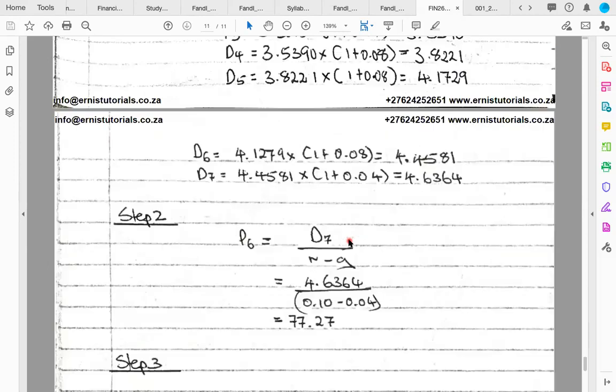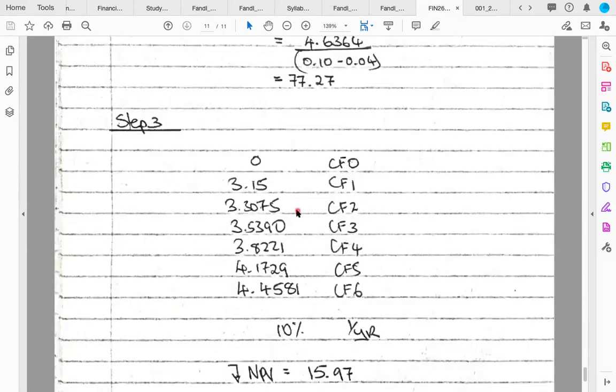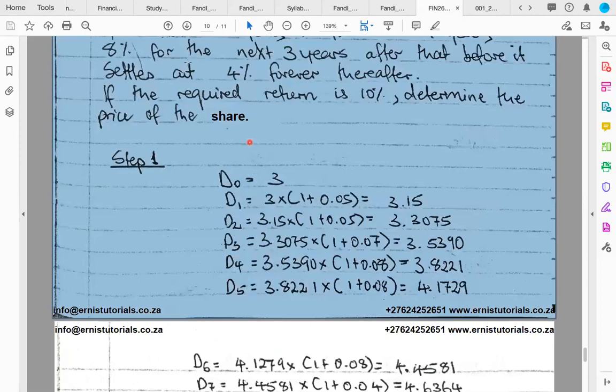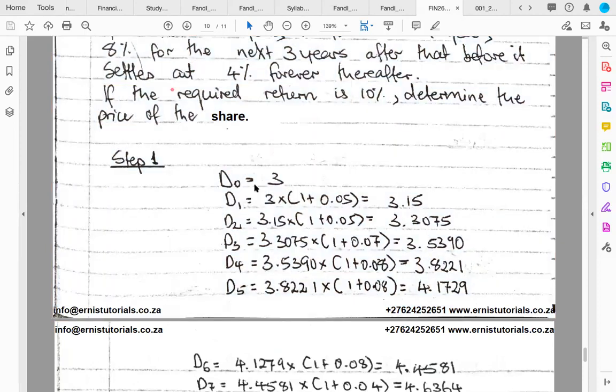And then step 3, determine the present value of all the future dividends except the last dividend and the current dividend. So we then use our financial calculator to determine the present value of all these dividends, except the first dividend and the last dividend.